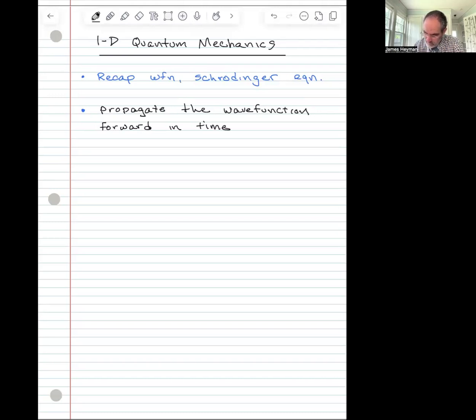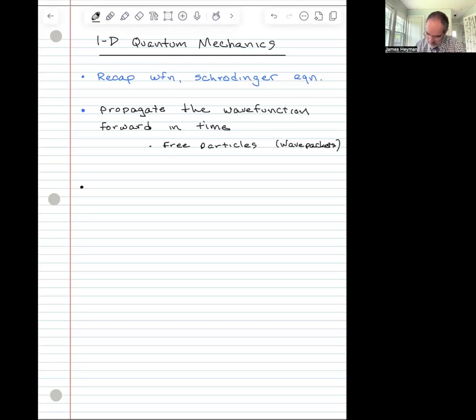And as we do that, we'll look at the example of free particles and wave packets. Well, wave packets are free particles. Okay? This first part, well, really it will be numerically integrating Schrodinger's equation to find solutions at different times.